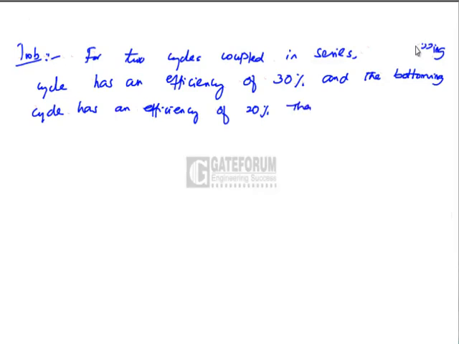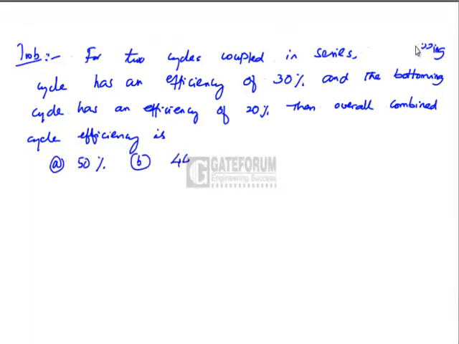Then overall combined cycle efficiency is: A, 50%; B, 44%; C, 38%; D, 55%.